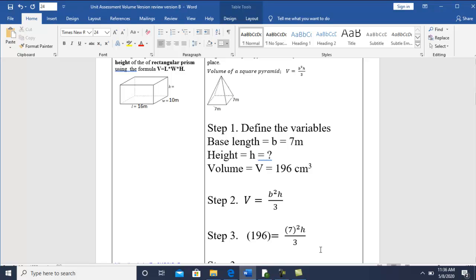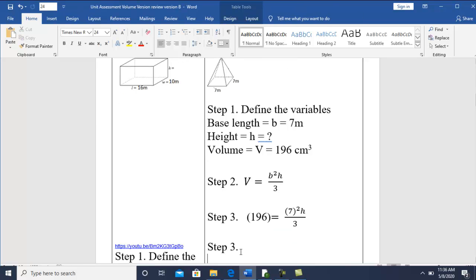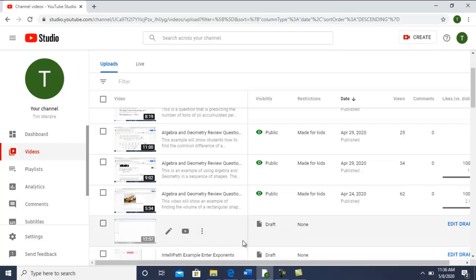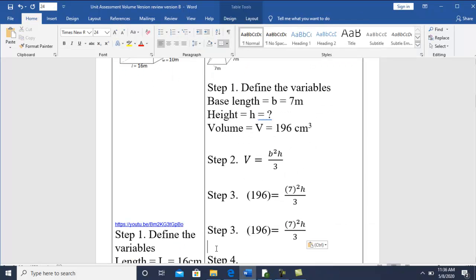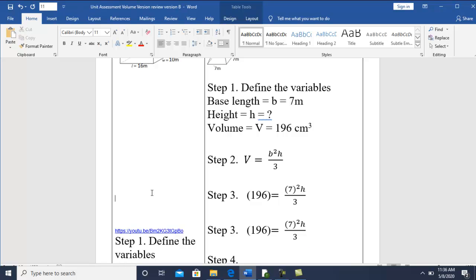Okay, so let's do our next step here. Now, I'm not a big fan of fractions, so I like to get rid of fractions.